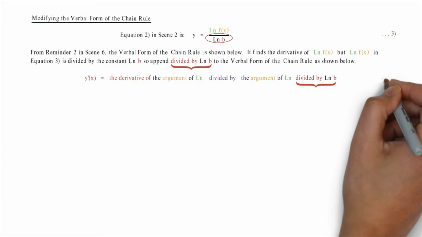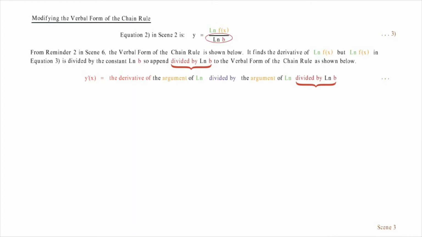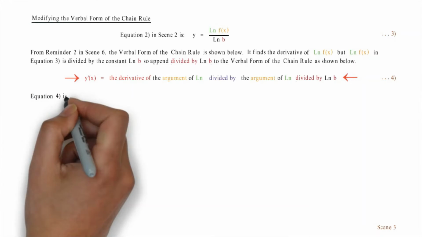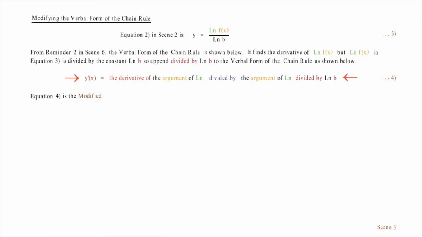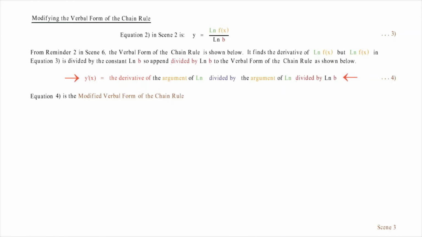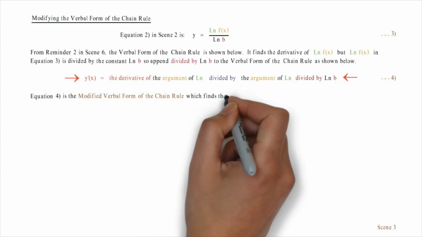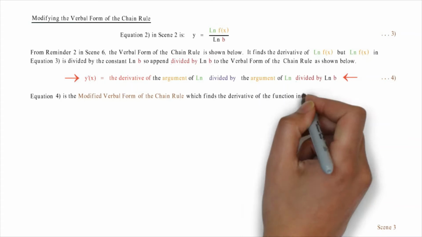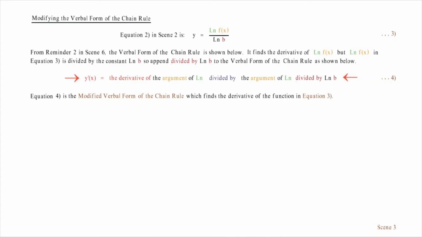Call this equation 4. Equation 4 is the modified verbal form of the chain rule, which finds the derivative of the function in equation 3.